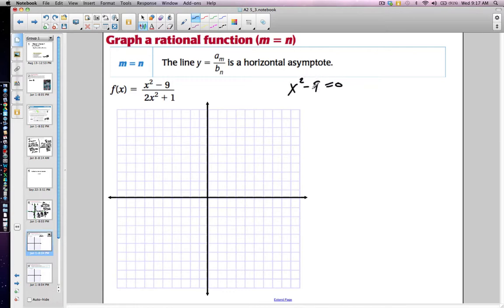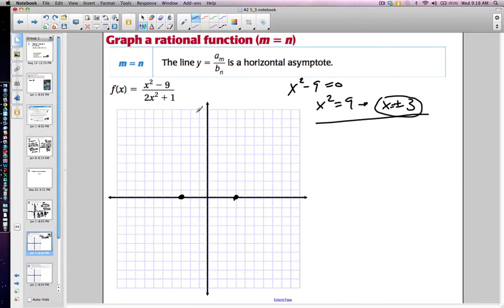Again, when I don't have a middle term, it's just as easy for me to solve by taking square roots. So that's back to what we learned in chapter 1. So x would be equal to plus or minus 3. Right? So those are my x-intercepts. So 1, 2, 3, and 1, 2, 3. I'm just going to put these things in as I go.